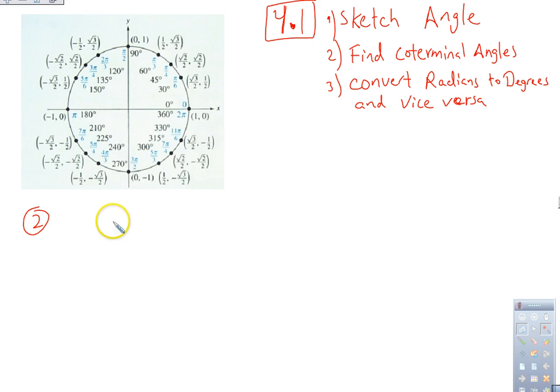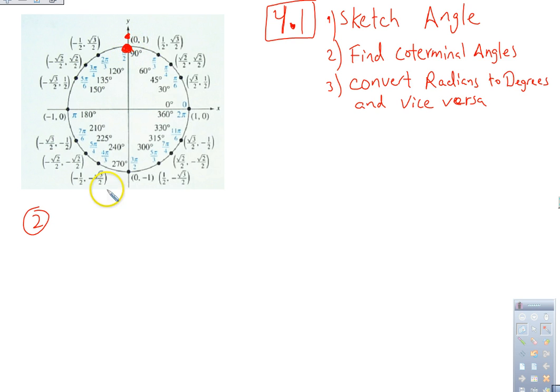Coterminal angles are angles that land on the same spot. For example, let's take 90 degrees, which is up here. If we go around the circle one more time and we land on the same spot, I'm not going to say that I'm at 90 degrees anymore.